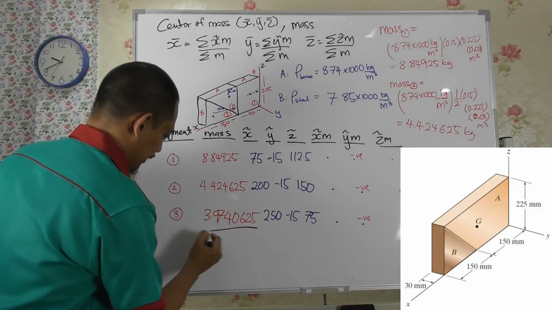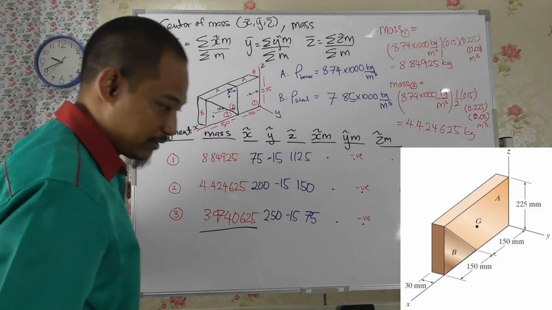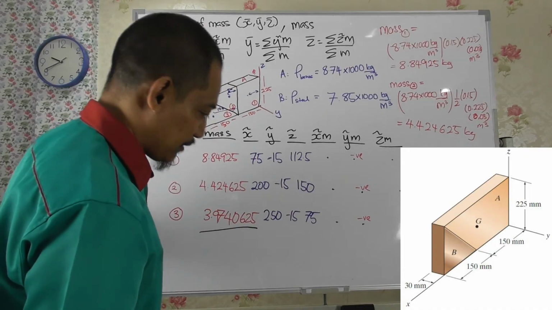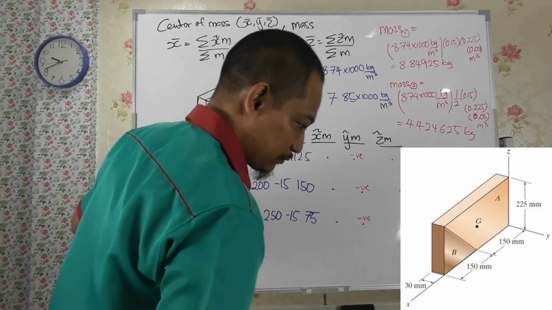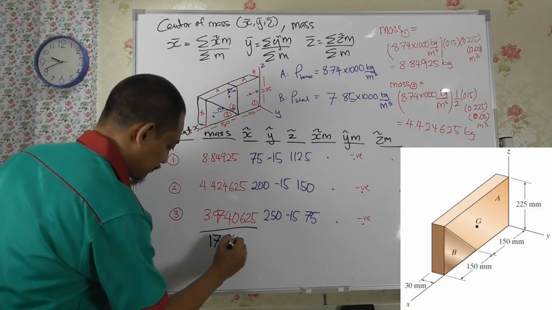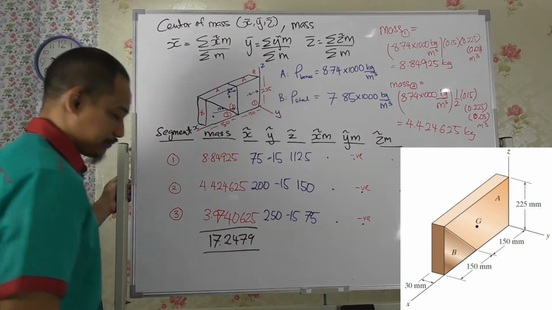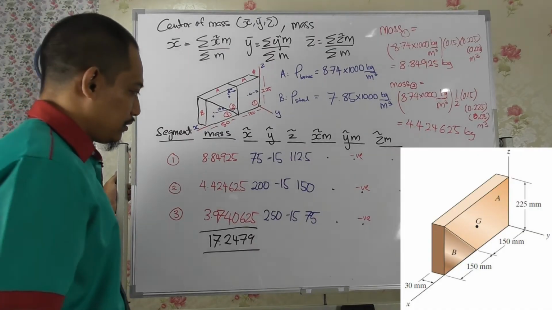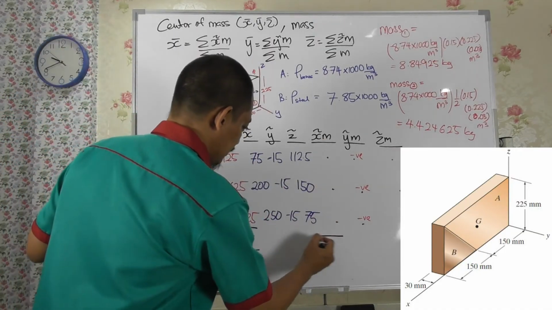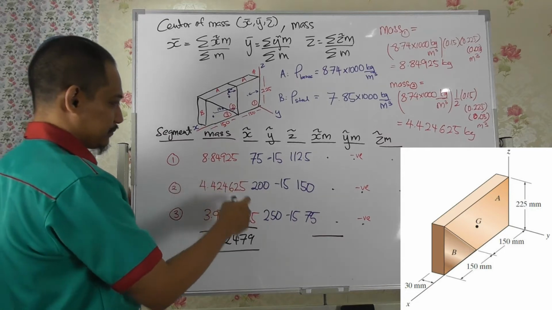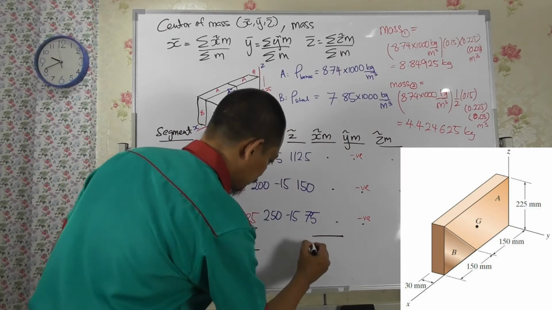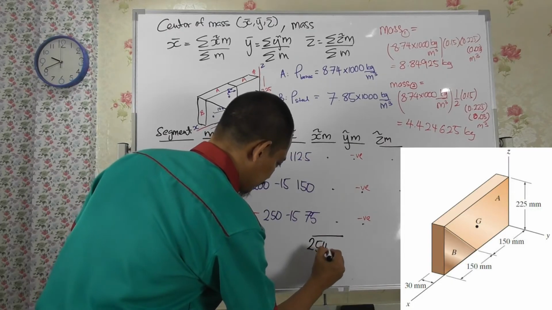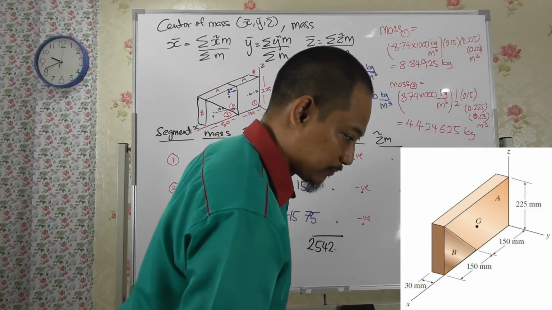So here, if you add the summation of mass, you get 17.2479, and then xm here, obviously this will be a big number, quite big, 2542.135.